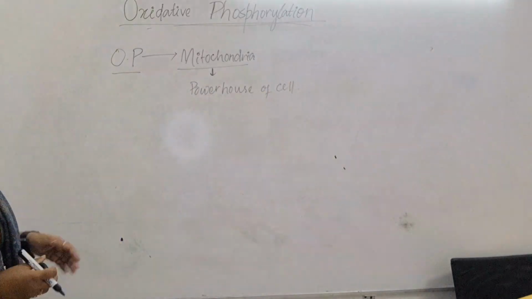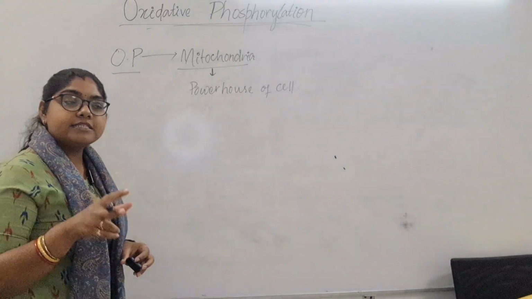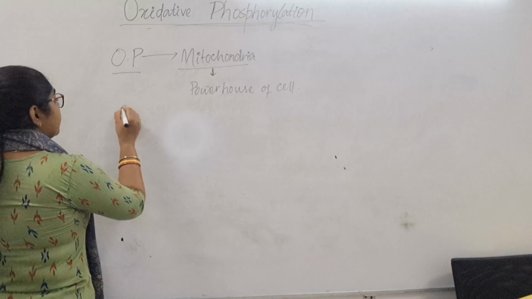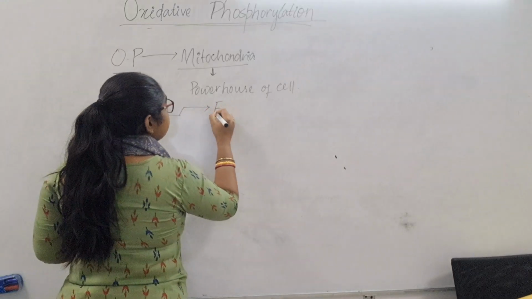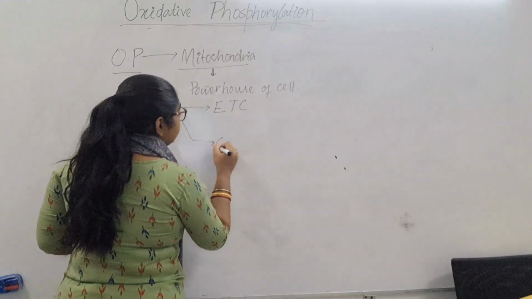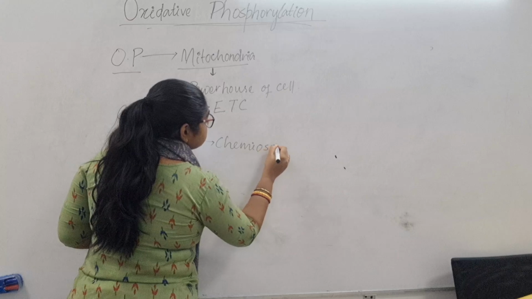So oxidative phosphorylation actually takes place in 2 steps. The first one is electron transport chain and the second one is chemiosmosis.